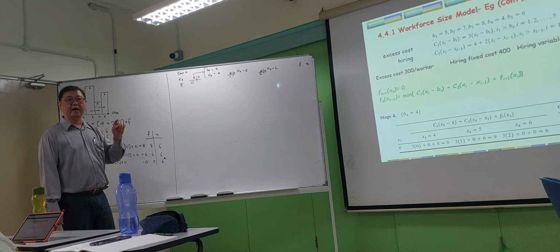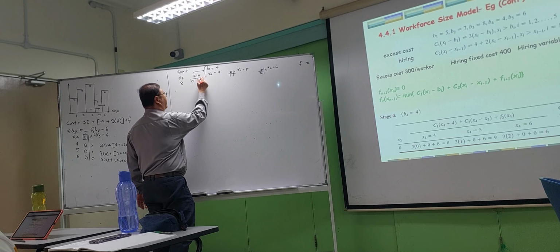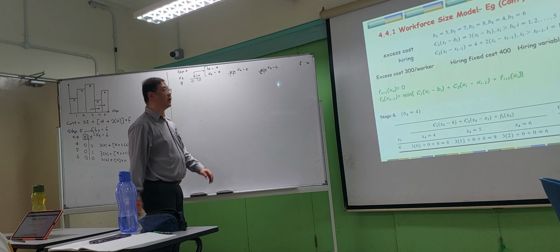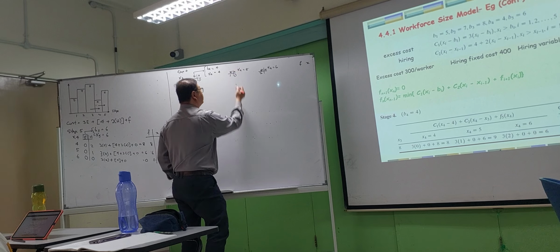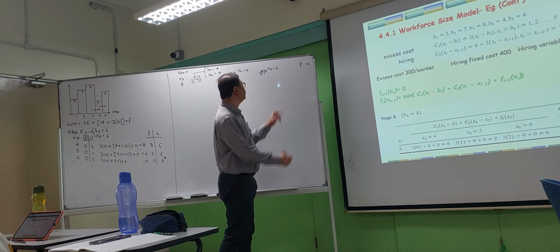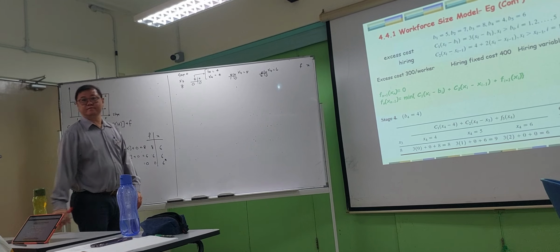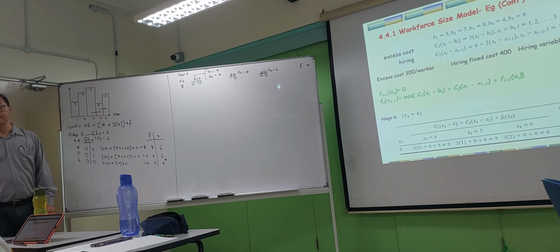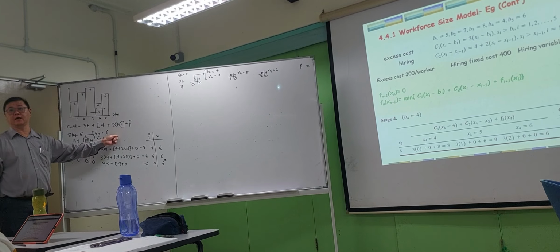But in our case here, we do not charge for firing. So from 8 to 4, 8 to 5, or 8 to 6 workers, you are not hiring anyone. Now once you have it, the rest is just formula.